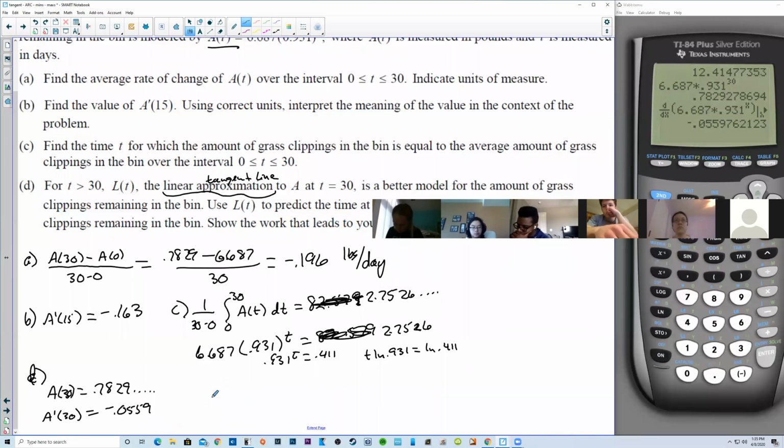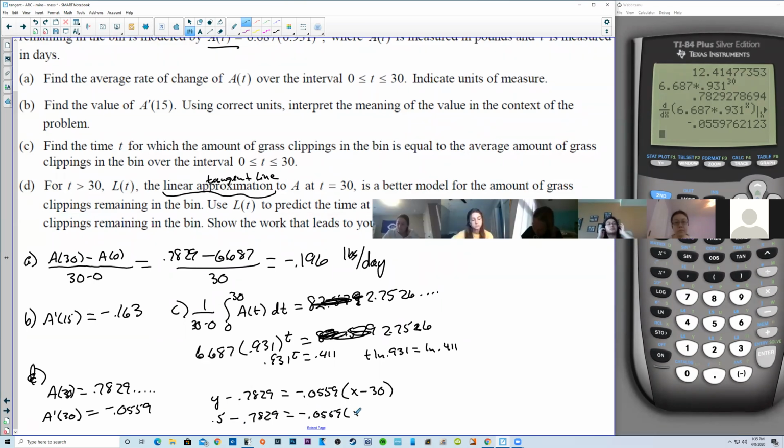So now we have y minus 0.7829 equals negative 0.0559 times x minus 30. We want to predict the time at which there will be 0.5 pounds of grass clippings remaining in the bin. Wasn't that y? So 0.5 minus 0.7829 equals negative 0.0559 times x minus 30.